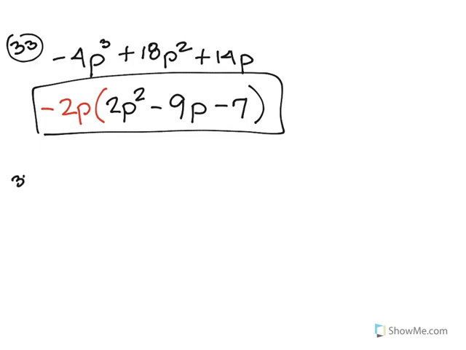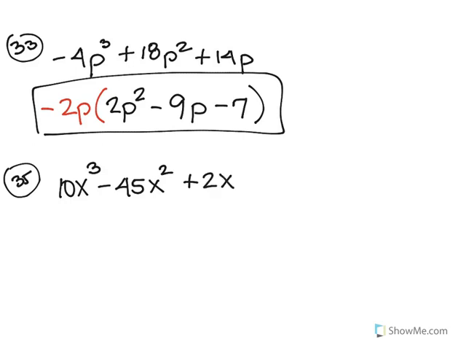If we look at 35 on the review, it's asking you to do grouping. And with grouping, we've got 10x to the third minus 45x squared plus 2x minus 9.